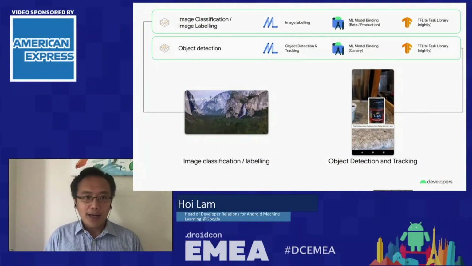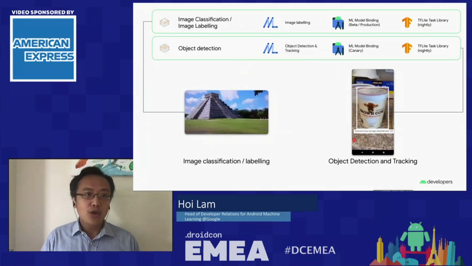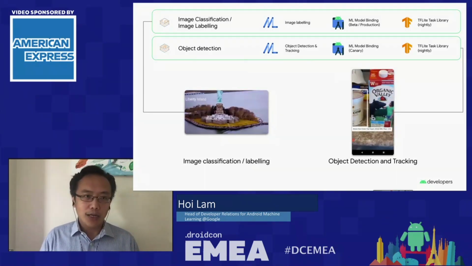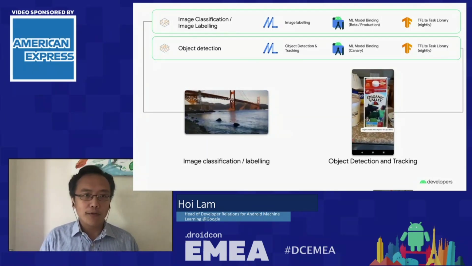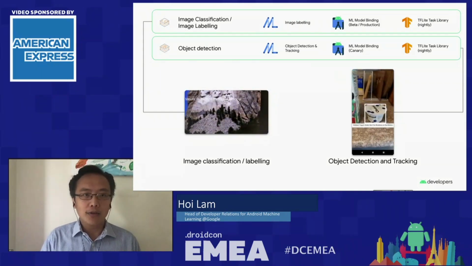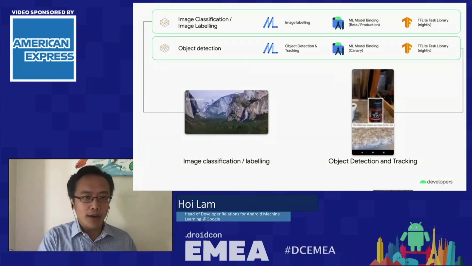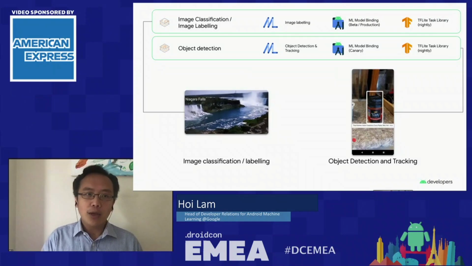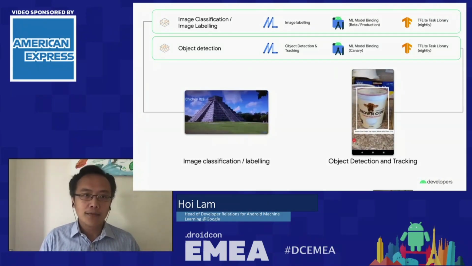So if we take a step back, with image classification, you're using the entire image for classification. So it's really suitable for things like landmark or scene. If you try to determine whether this is an urban area versus a forest, you can use image classification, and that's perfect.